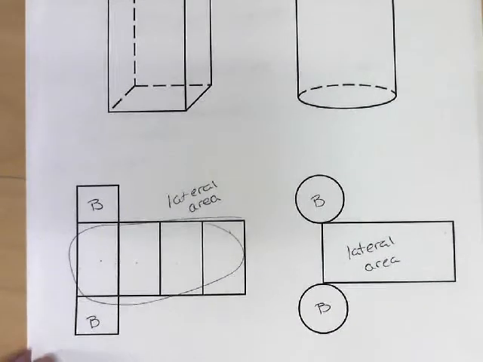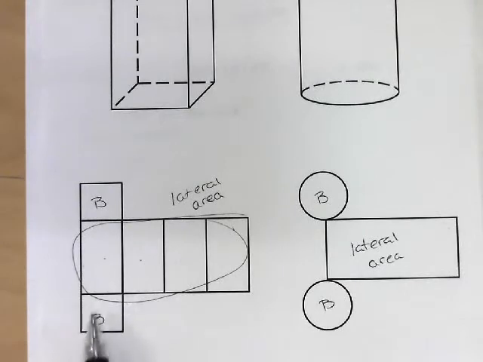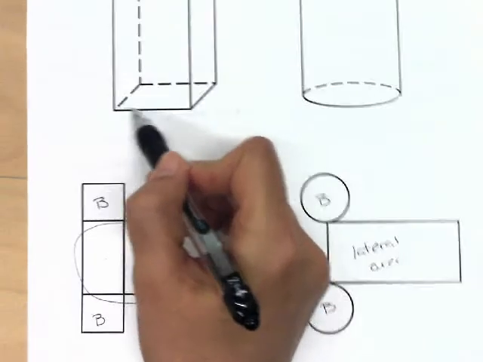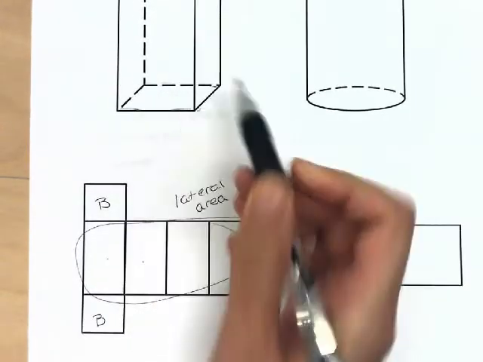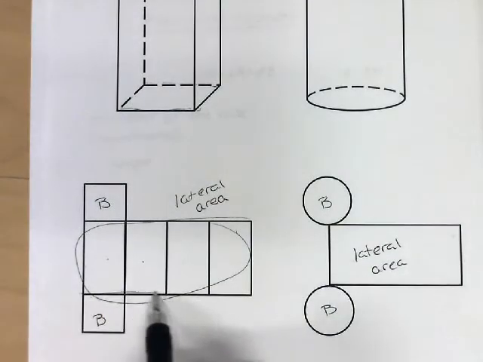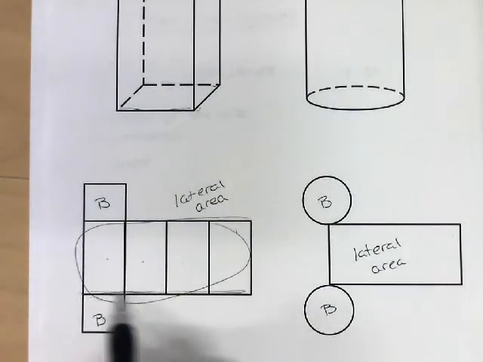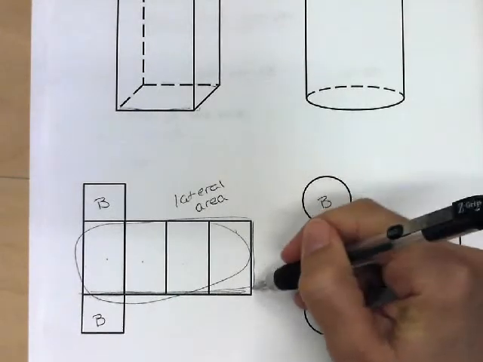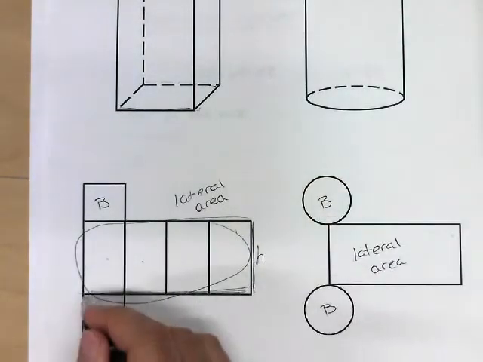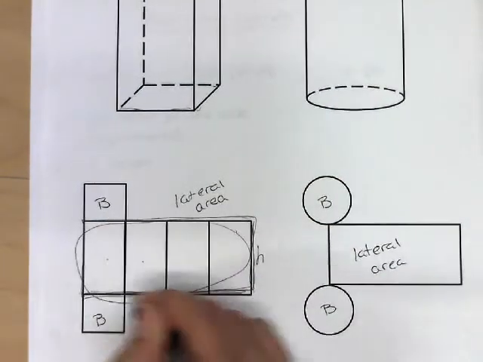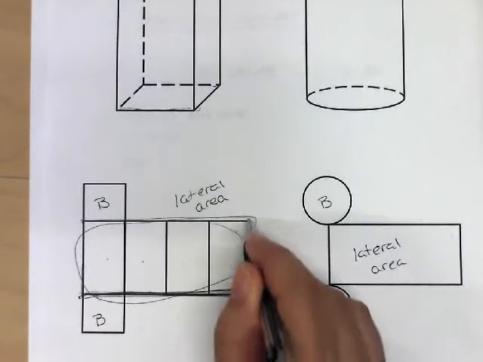So the perimeter of the base times the height. Perimeter of the base, well, that's going to be the length of all of these sides added up. When I unfold that, this is the length of all of the sides of the base, and this is the height. And doesn't it make sense that when we're finding the lateral area, we're doing base times height?